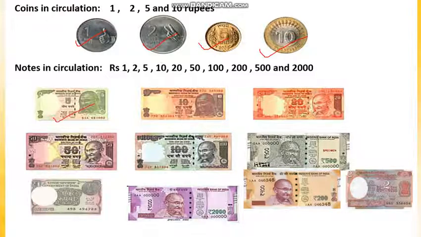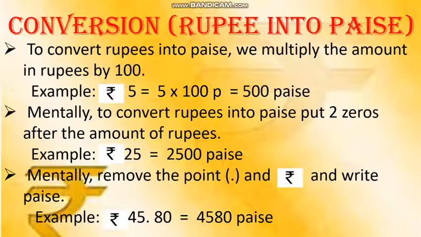See the 5 rupee note, 10 rupees note, 20 rupees note, 50 rupees note, 100 rupees note, 500 rupees note, 1 rupee note, 2000 rupees note, 200 rupees note, 2 rupees note. These notes are in circulation.